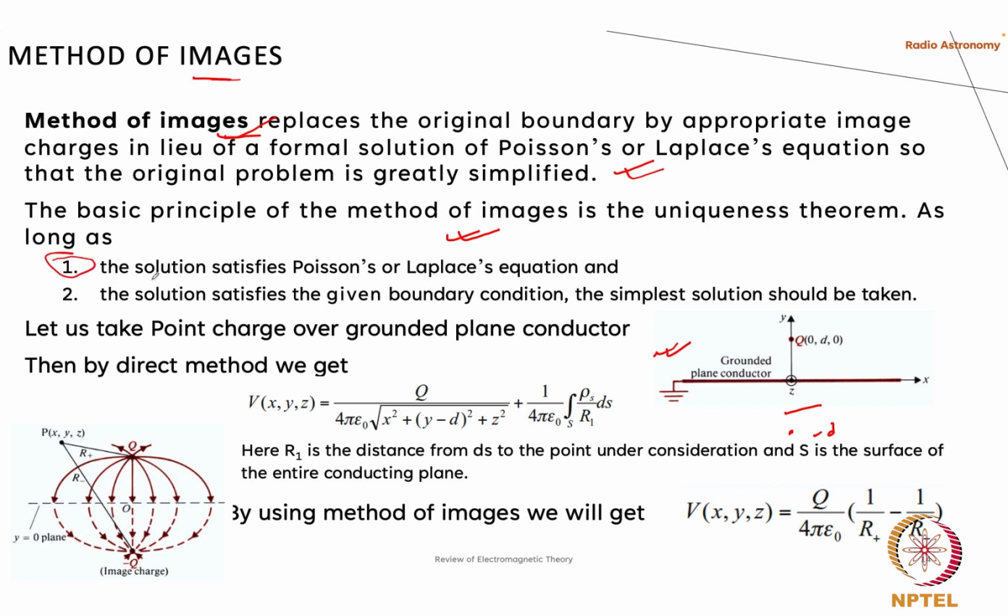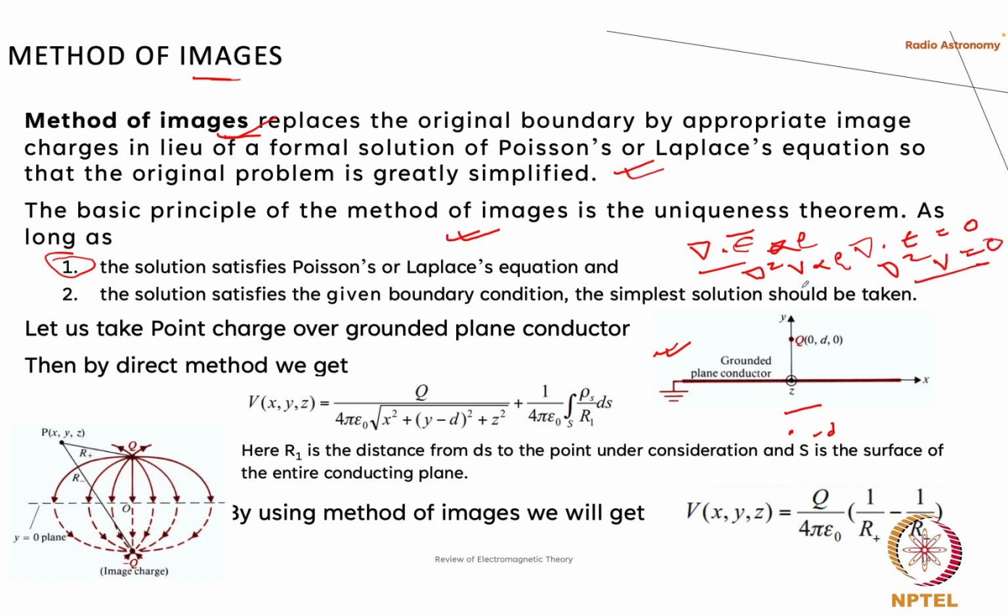The first condition is it should satisfy Poisson's or Laplace's equation. That means either del dot E should be equal to, or proportional to, rho, or del dot E is equal to 0, where you can replace it by del square V, which is proportional to rho, or nabla square V equals 0.